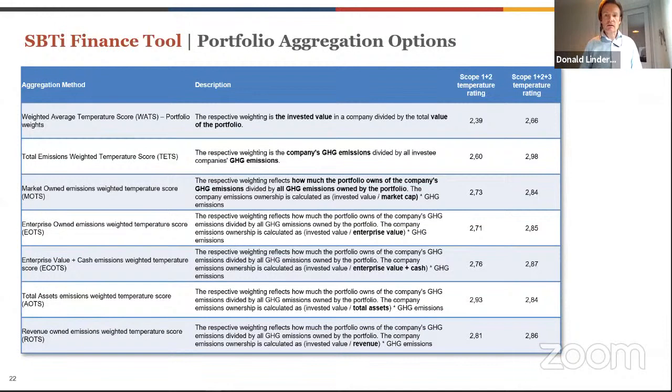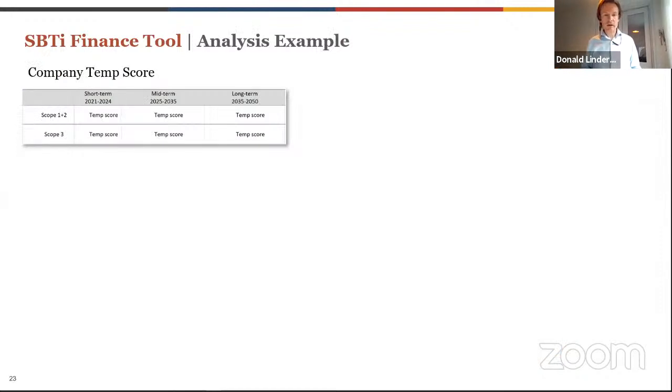And the first one is obviously the one that we would least favor, the WATS, the weighted average temperature score, which is essentially portfolio weights, because it doesn't really take emissions into account at all. And that is also the odd one out, giving you the lowest temperature rating in general. So I'll leave that with you for now.